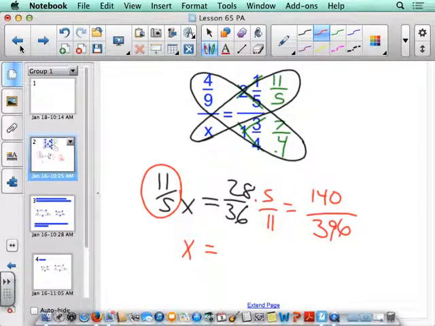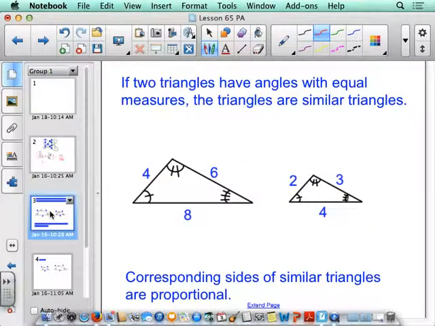When we have similar figures, as we do here, these two triangles are marked as similar because of this. This angle has one tick mark in it. I call these tick marks here. That's saying that these two angles have the same measure. Then this angle has two tick marks.